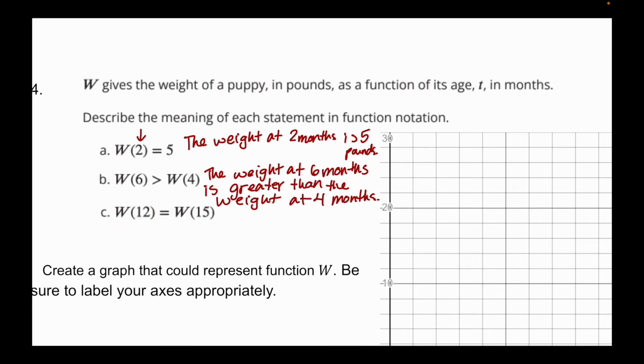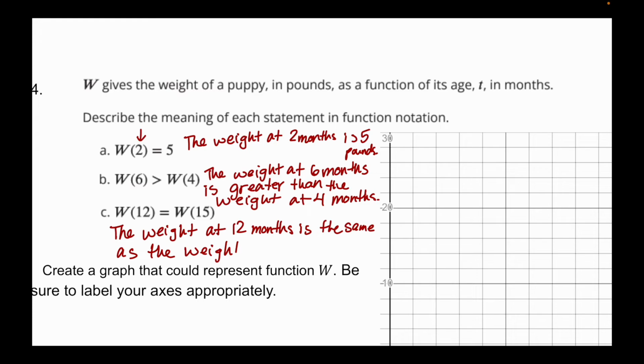Now we might actually just say the puppy weighed the same at 12 months as it did at 15, but you're always welcome to just write this out in almost exactly the way it's written mathematically: the weight at 12 months is the same as the weight at 15 months.